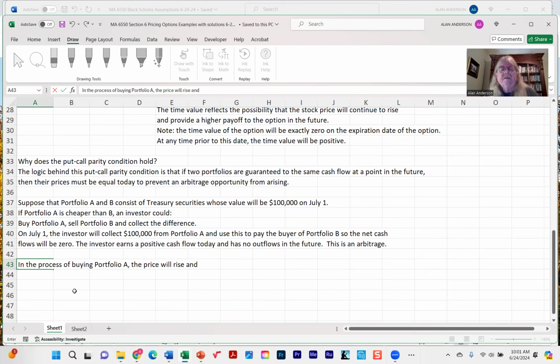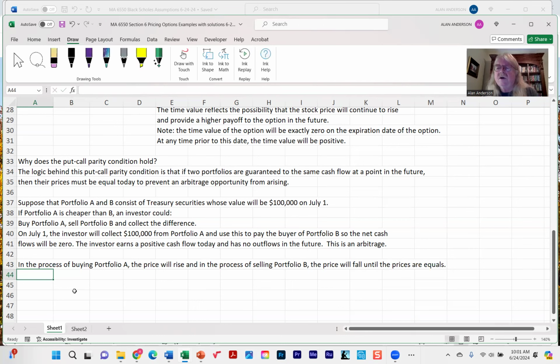And in the process of selling portfolio B, the price will fall, and this will continue until the prices are equal. Because the investors out there are pretty smart.